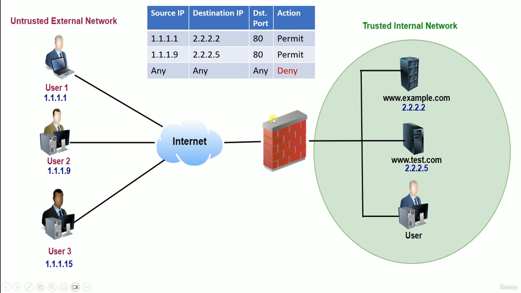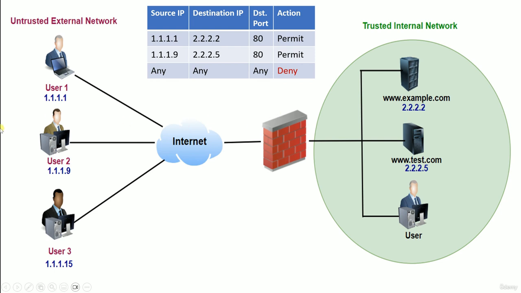In that case also the firewall will look at the policy, but this time it has only a valid security policy to permit this user to connect to the destination 2.2.2.2, and it doesn't have any valid security policy to permit the transaction for the destination 2.2.2.5 for this user. So when user 1 tries to connect to this application, it would get denied.